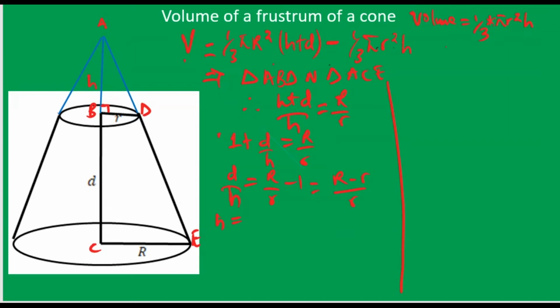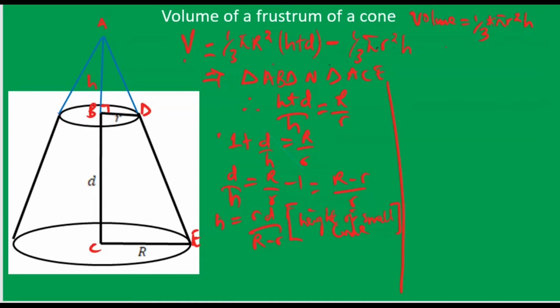So h crosses this one, so we have r d over R minus r. So this is the height of the small cone. Remember this, you might be asked to find the height of the small cone.